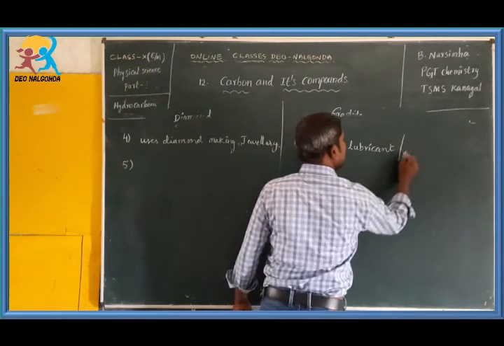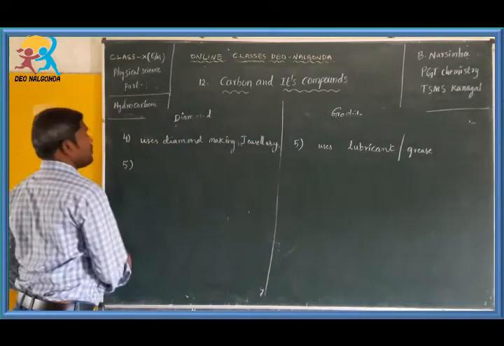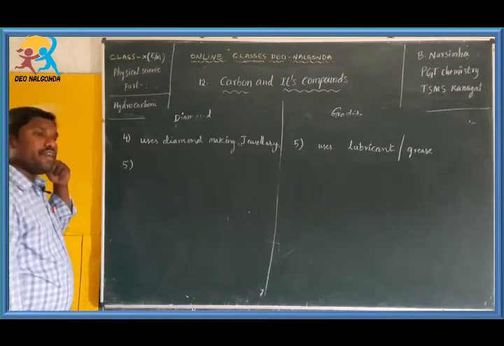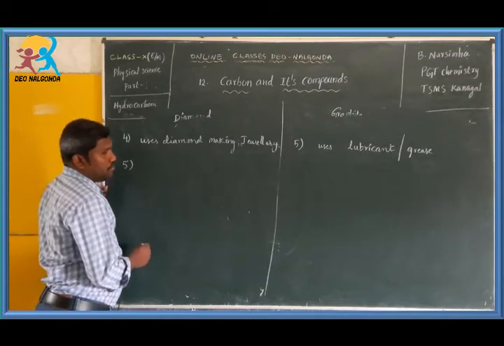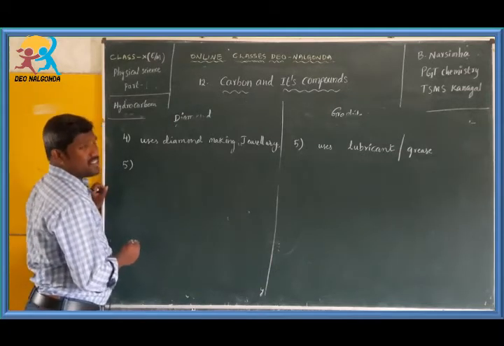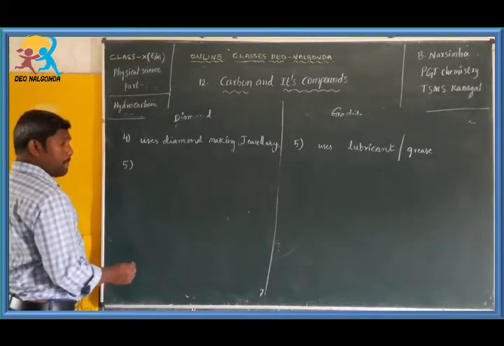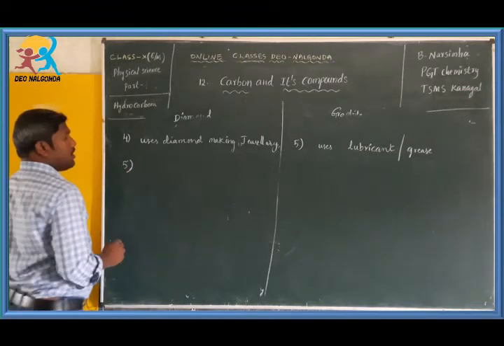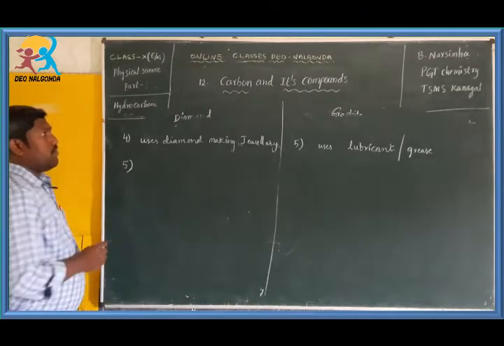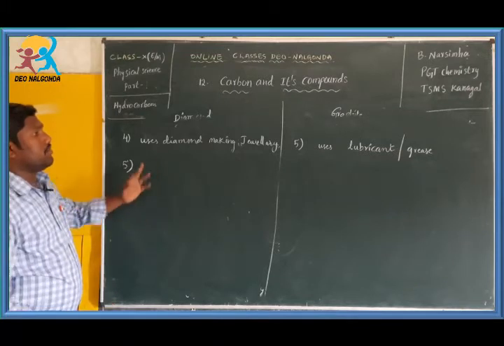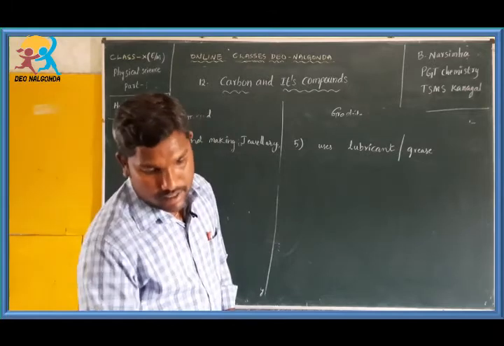In diamond, total internal reflection takes place. Due to the total internal reflection, refractive and reflective properties appear. Diamond is a bulky molecule. Yes, diamond is used for making jewelry. Graphite can act as a lubricant, grease.